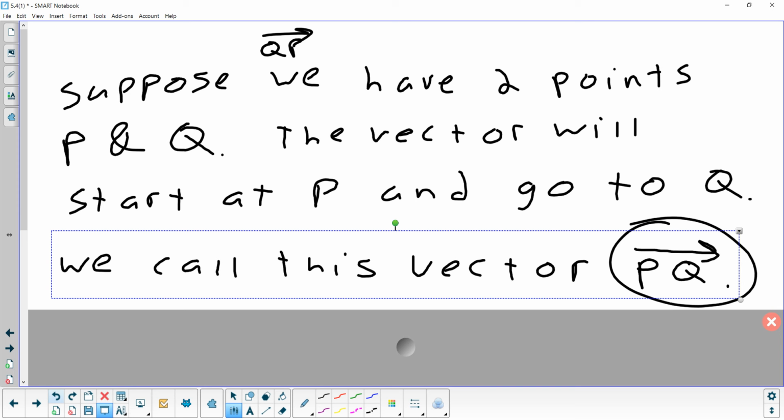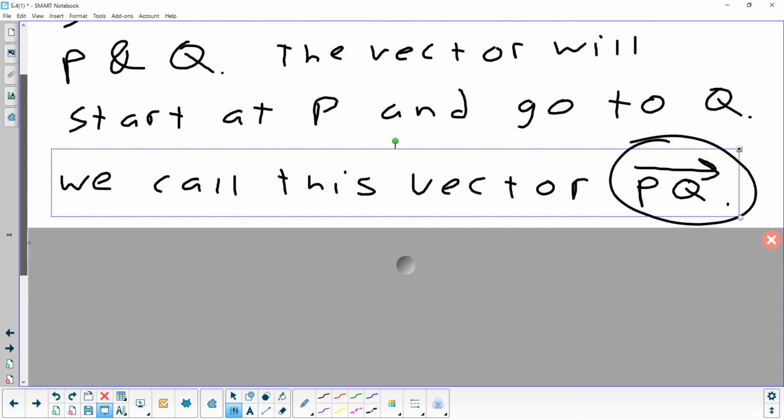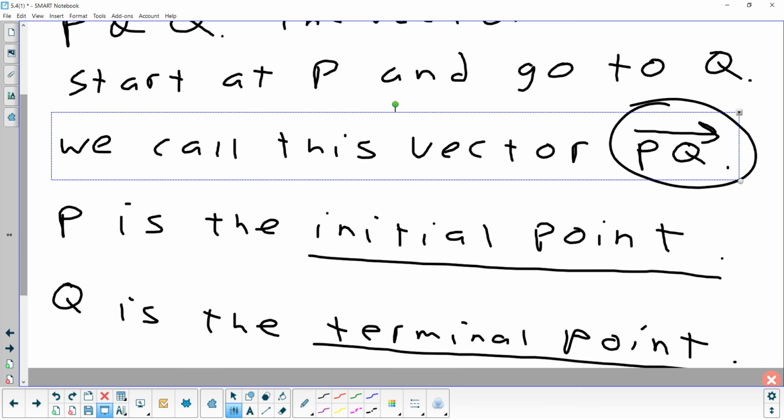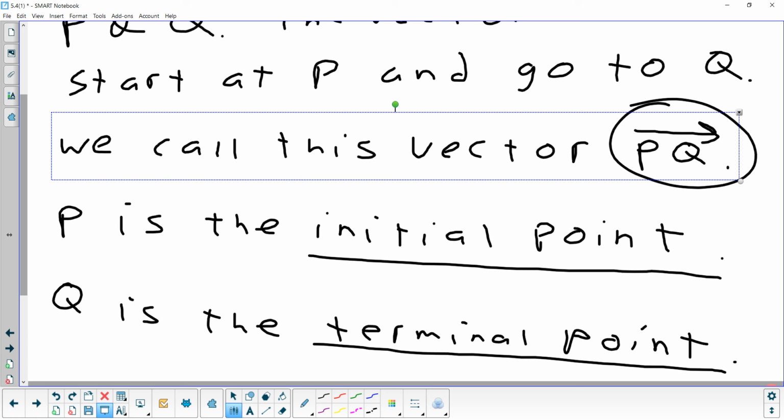The first letter you put is always a starting point, and the second letter is the stopping point, or the direction that you're going. So again, I called P the starting point. You can call it the initial point. And Q, I called the stopping point, but we also call it the terminal point.